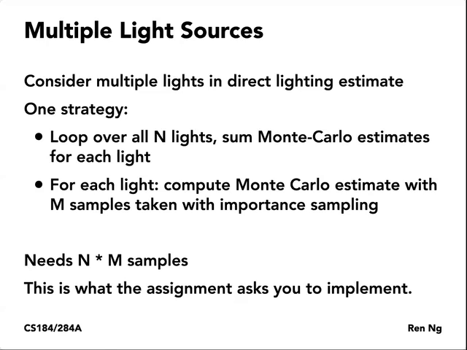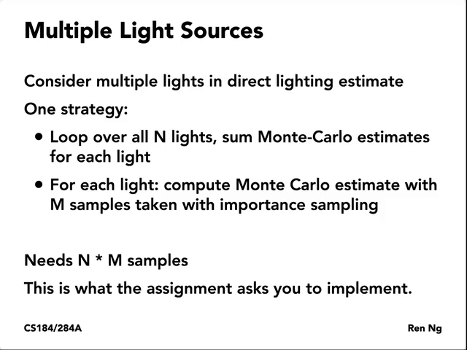Okay. Let me give you a few implementation notes that are going to be helpful to you on your assignment. Let me start with the light source thing that I mentioned before. Consider if you have multiple lights in the direct lighting estimate. Not just the one sun that I've been drawing in some of these cartoons, but let's say you had 5 or 6 area light sources in the scene, which is pretty typical.